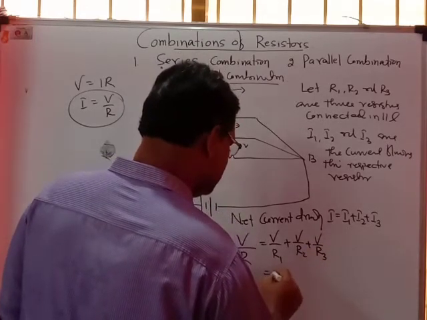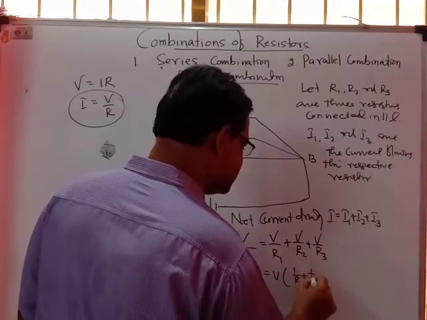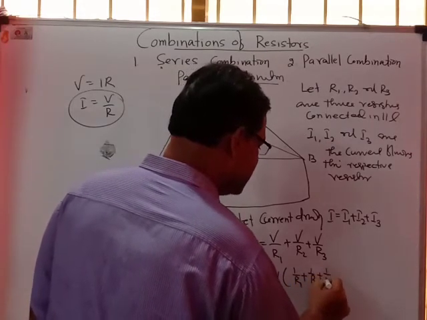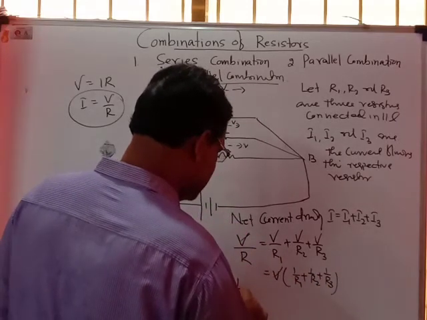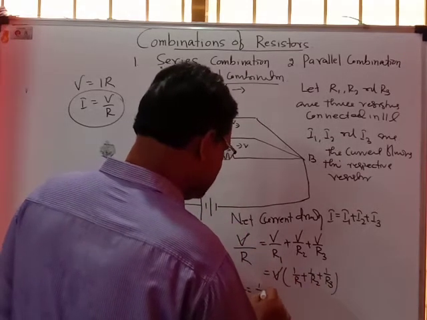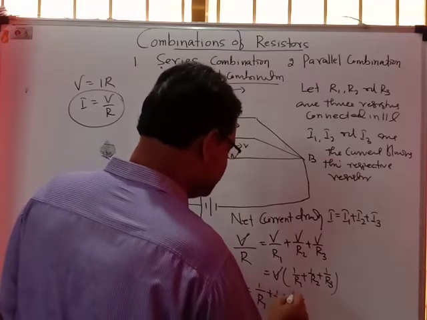If you take V common, you get 1 upon R1 plus 1 upon R2 plus 1 upon R3. The V cancels, and the remaining is 1 upon R equal to 1 upon R1 plus 1 upon R2 plus 1 upon R3.